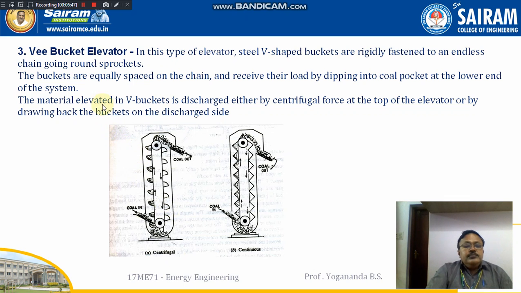The buckets are usually equally spaced on the chain and receive the coal at the lower end here, and it is dumped on the other side at the top end of the V bucket elevator either by centrifugal action or continuously as the buckets are getting moved on this endless chain.